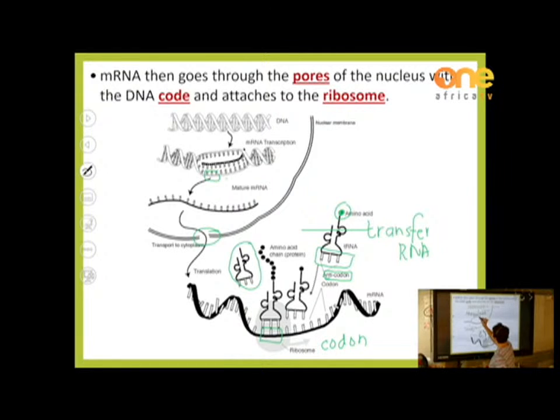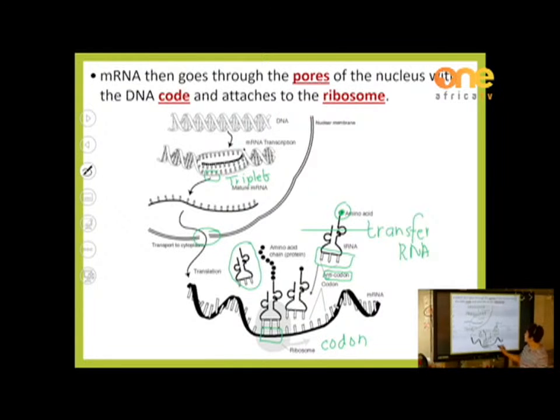On the DNA, they say there must be a triplet of codes that will form the codon of the mRNA. On the codon of the mRNA, there will be an anticodon. Attached to that anticodon, we have the specific amino acid.